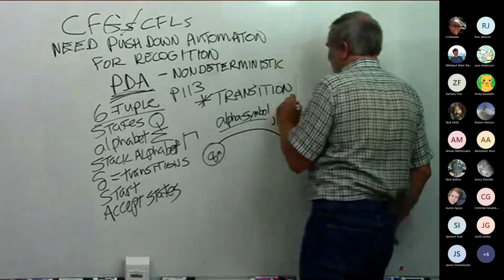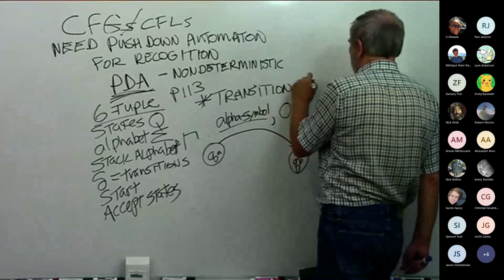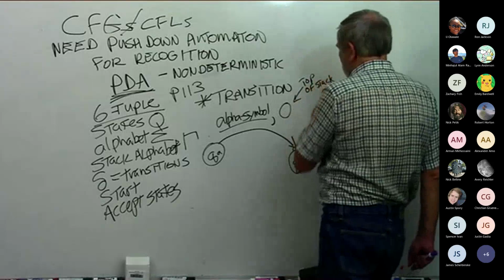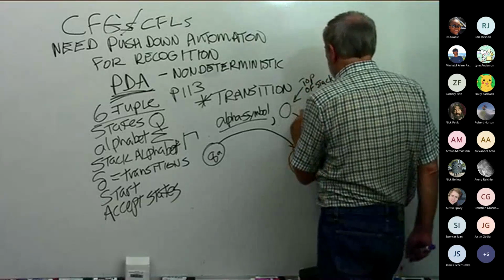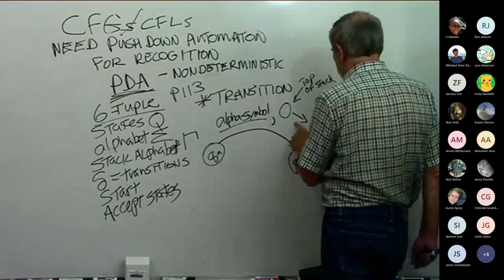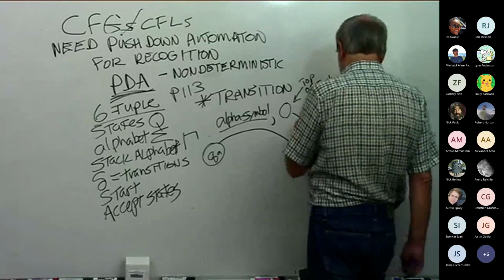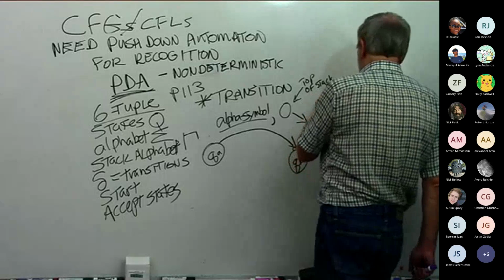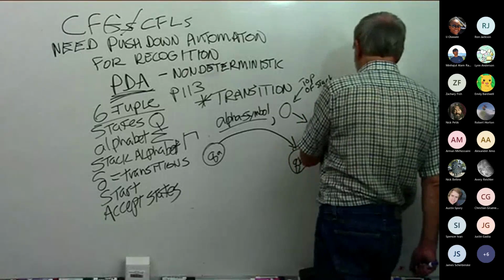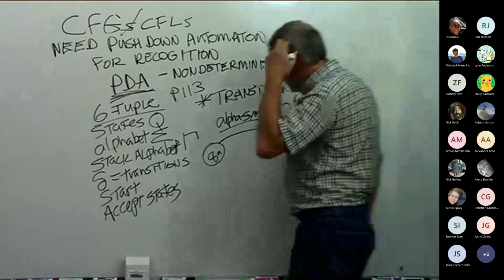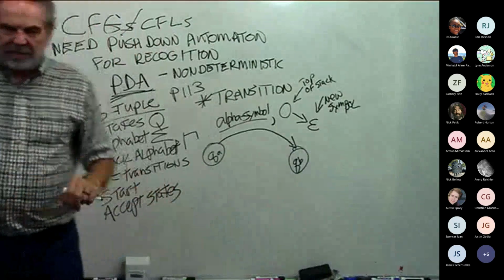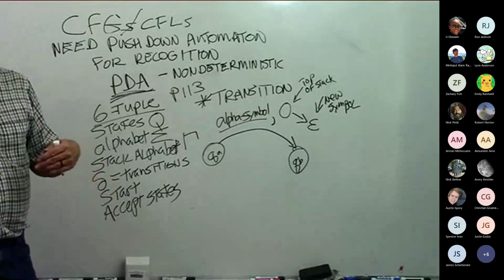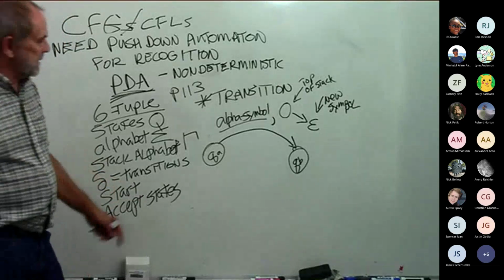If the top of stack matches this symbol, then replace it, little arrow, with a new symbol. And most often, you're replacing something currently on top of the stack, you're popping it off by replacing it with the empty string.